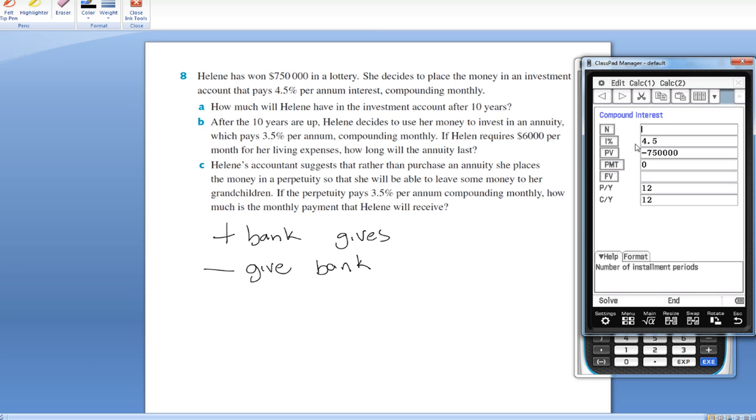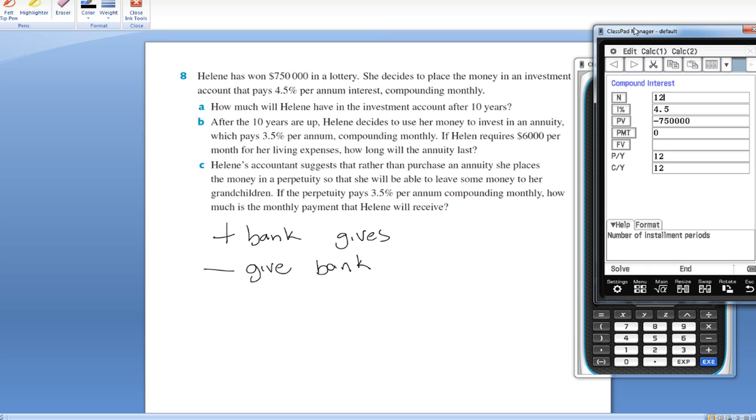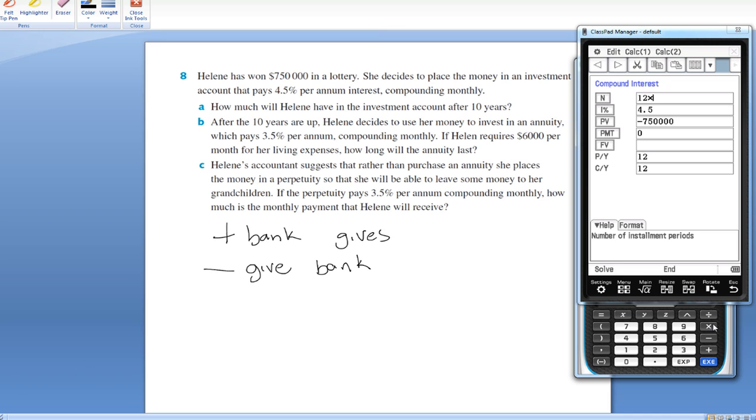So if she's doing 12 compounds a year, then we need to multiply it by 10, because she's doing 10 lots of these 12 compounds a year. Now you'll note that what Financial Solver does is it'll rewrite this as 120. It'll execute the multiplication when I click on another part. So have a look at what happens later on.